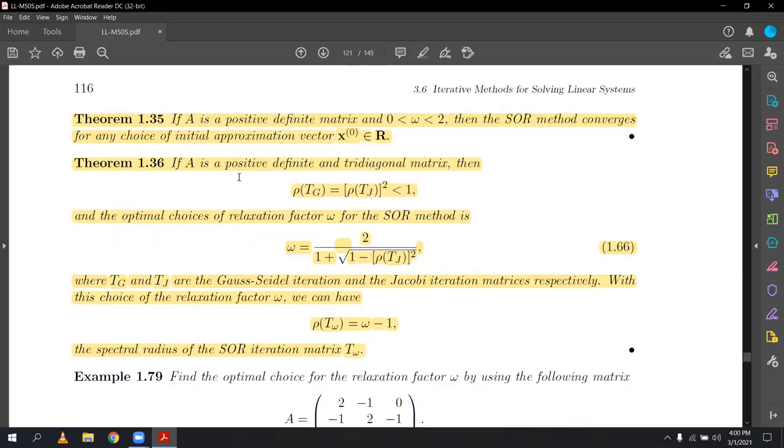And what is this one? If A is a positive definite and tridiagonal matrix, do you know what is meant by a tridiagonal matrix? Any student? What is the meaning of tridiagonal?